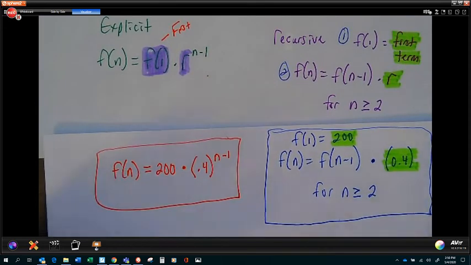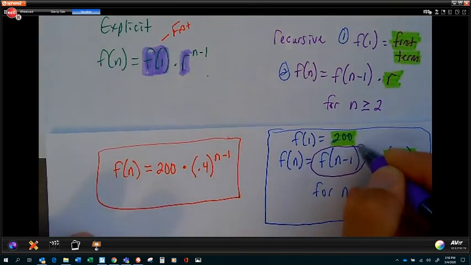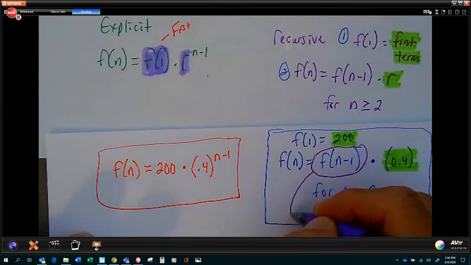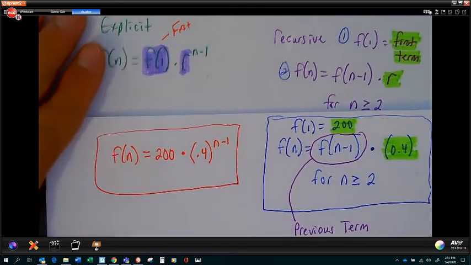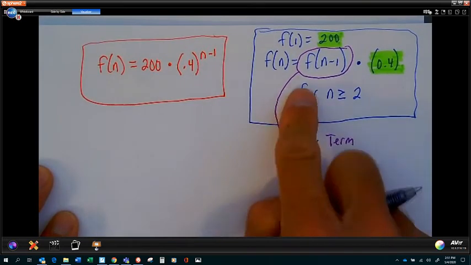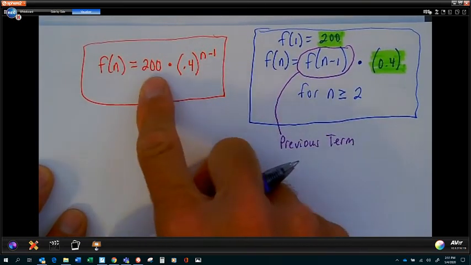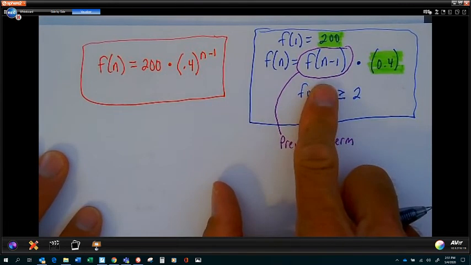Now this symbol here in the recursive formula, all that means is the word previous term. So what I'm going to do now is use numbers to find the next term in the sequence.